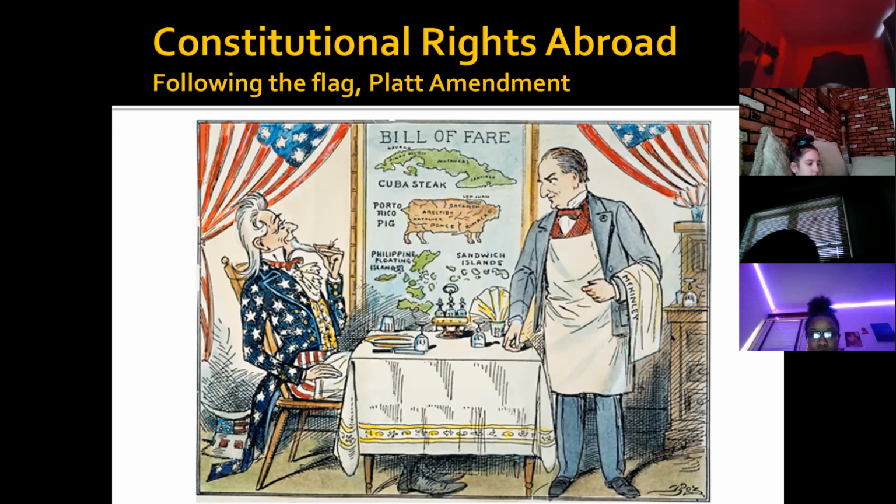Which refers to the question of following the flag. Does the Constitution follow the flag? So in Puerto Rico, the Philippines, Cuba, Hawaii, the United States flag is there, but do they get constitutional rights?